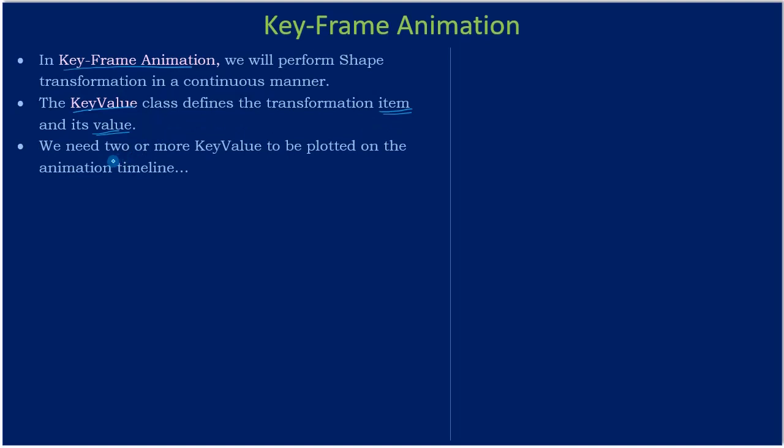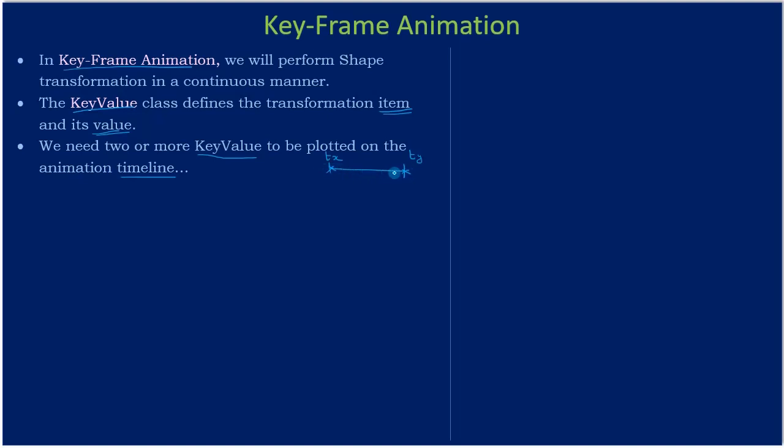So we need two or more key value. Here we are talking about key value, right? We need two or more key value to be plotted on the animation timeline. Right. So if this is the animation timeline, say tx to ty, we need at least two key value.